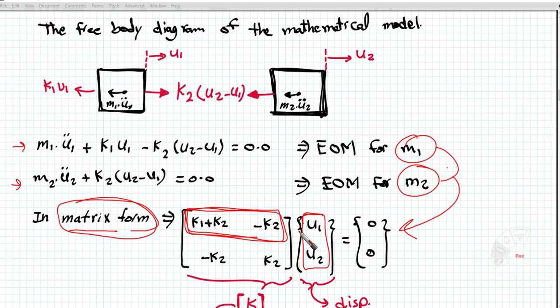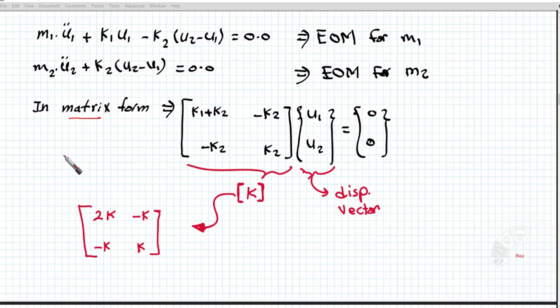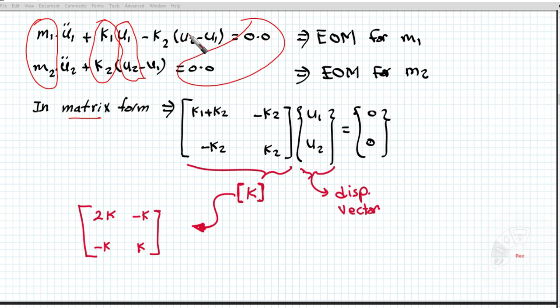So in a matrix form, we need to have the mass matrix, the stiffness matrix, the vector of displacement, and the zero vector here.